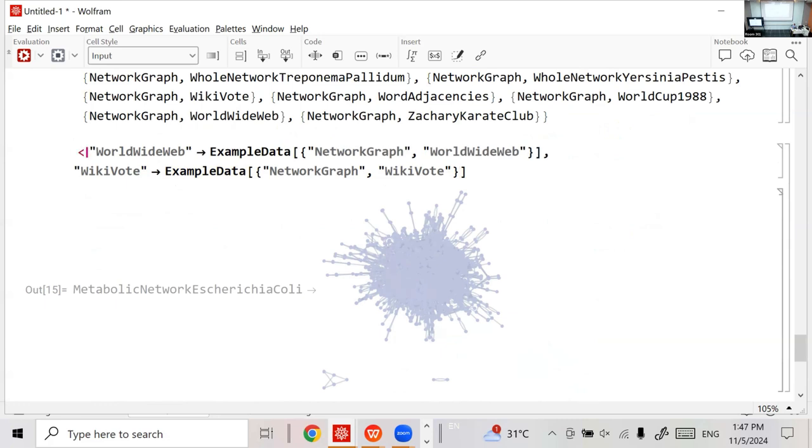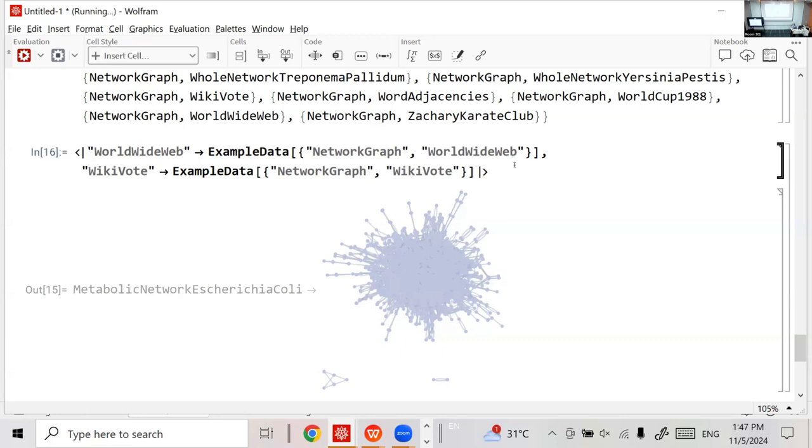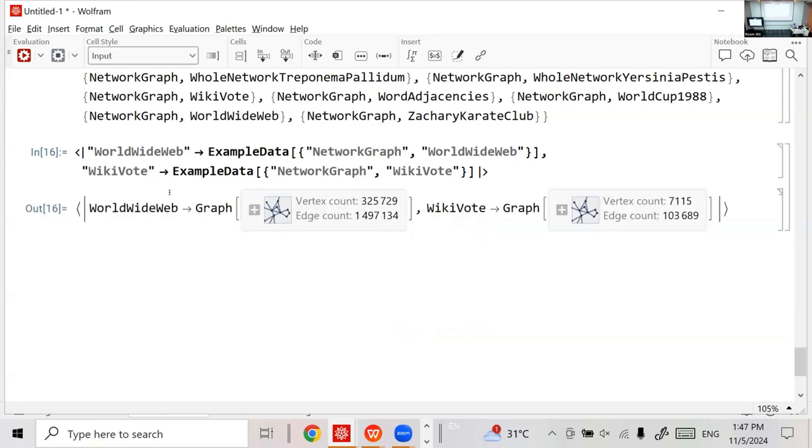So I did this, right? Association, you remember from the third week. So this name points to this graph, this name points to that graph.